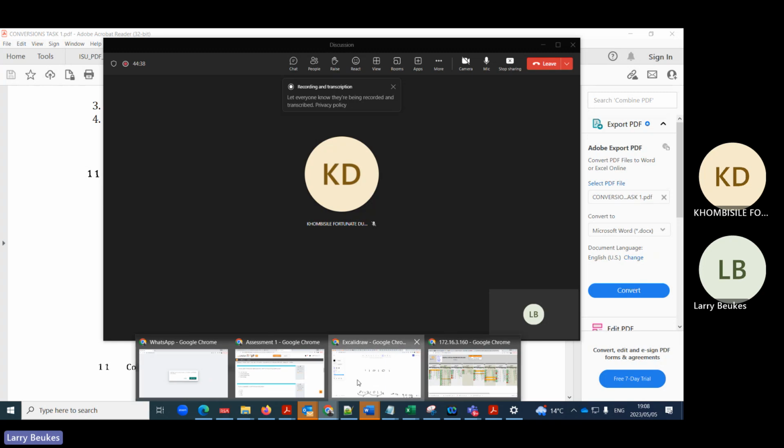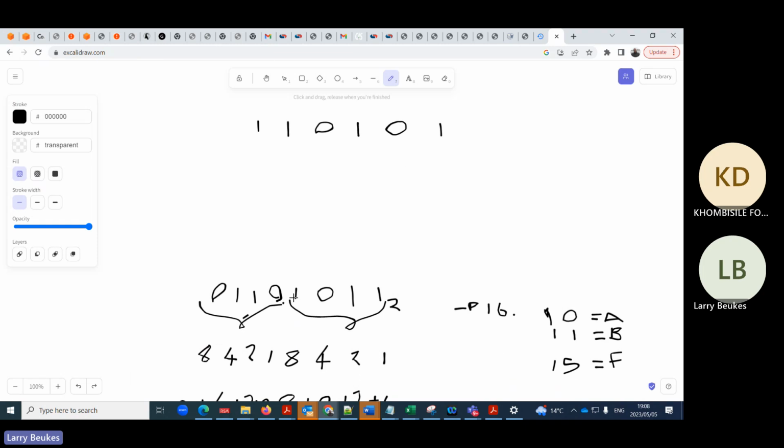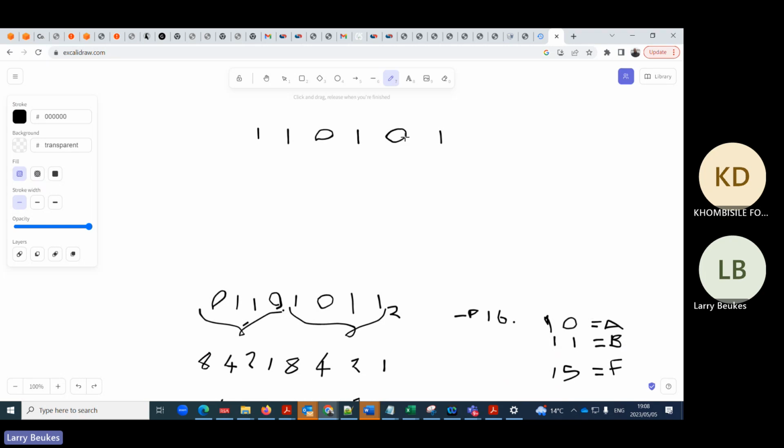so let me see, where did I end off? Okay, I said, remember when we convert to hex, we basically group this into fours. So from binary, when we need to convert to octal, we're going to group this into threes, right? So we will have this, group it into three, and then this, group it into three.